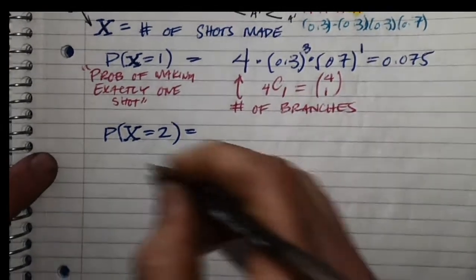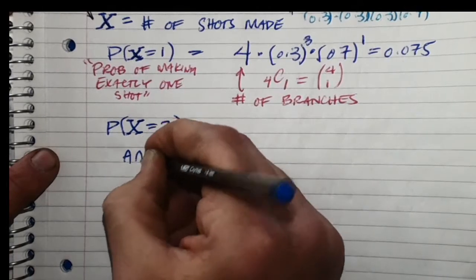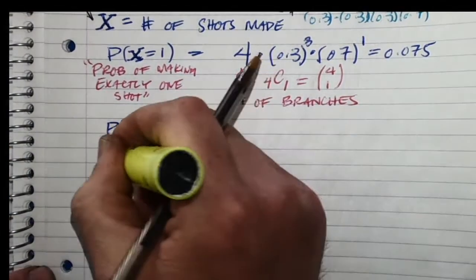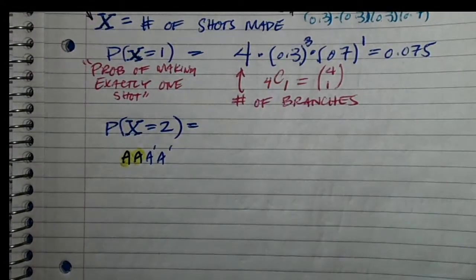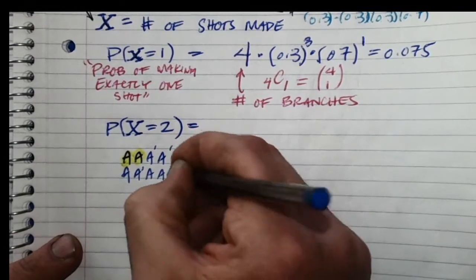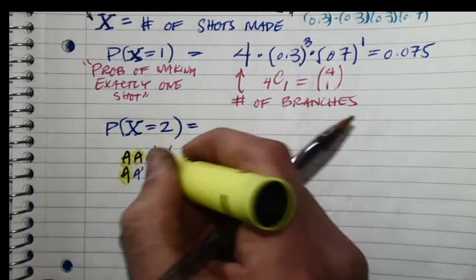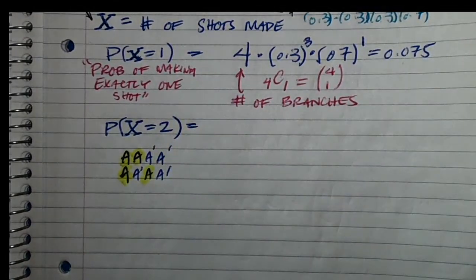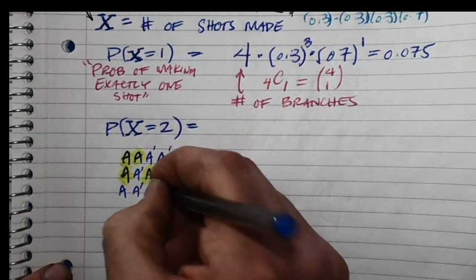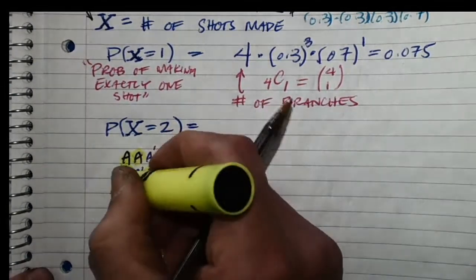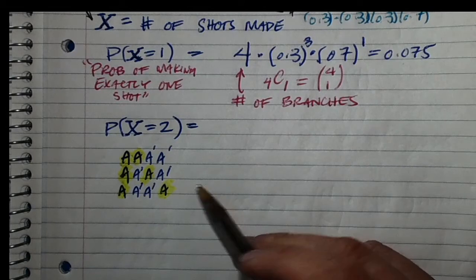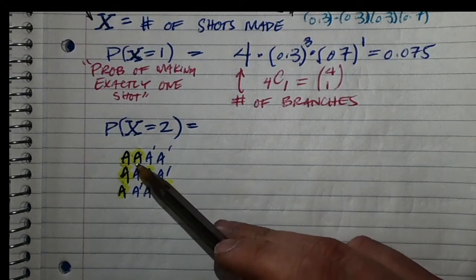Let's for this one time, let's list out what could happen. You could make, make, miss, miss. You could make, miss, make, miss. You could make, miss, miss, make. And I think that's it for the combos that result in the first one going in.